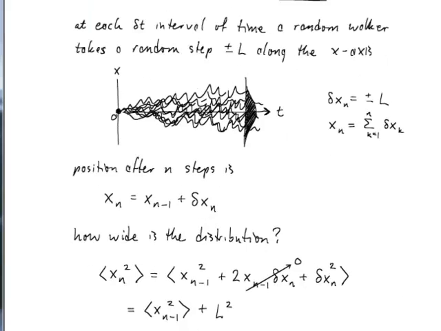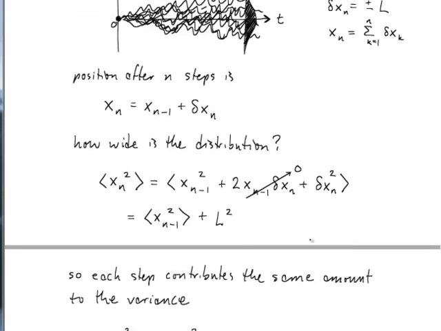And so we can ask now, what are the statistics that describe the variance or the width of this distribution? That is given by the mean squared size of this xn, which can be expanded, right? I can use this formula and square the right-hand side, and I get xn minus 1 squared.